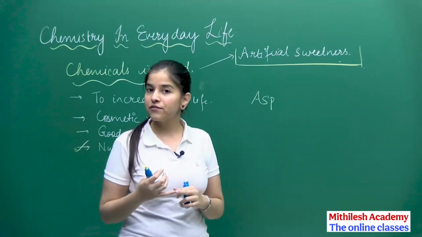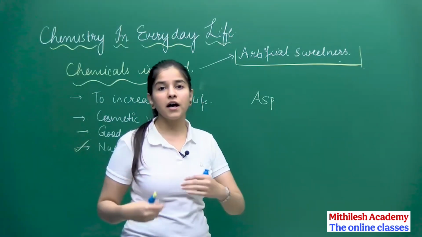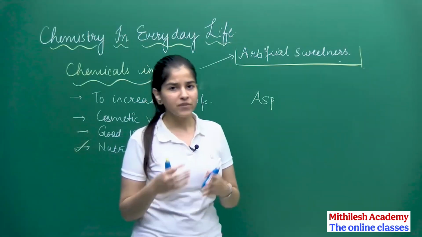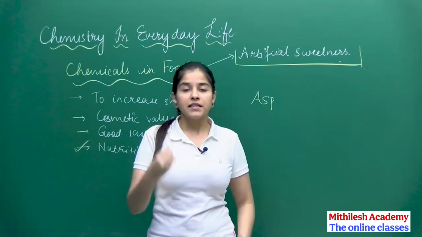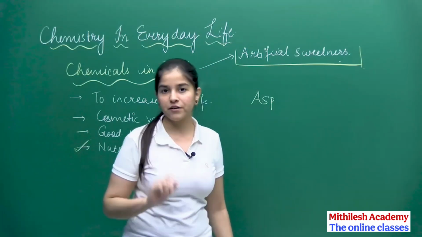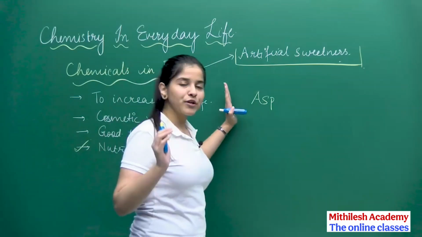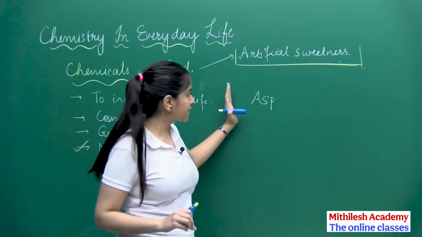They are not beneficial for diabetic patients. They even cause tooth decay. There are so many problems related to the calorie intake of these natural sugars. They also increase our blood sugar levels, which is not at all beneficial for us. So in order to avoid that, we have developed certain kinds of artificial sweeteners.